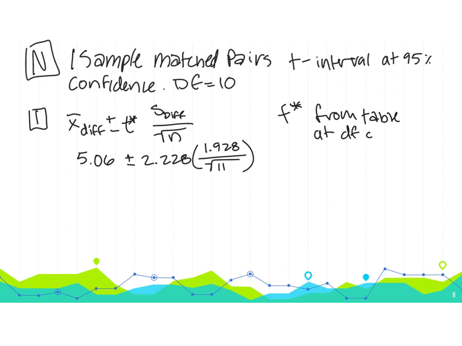And the t star that we were getting from our table is going to end up being 1.295.